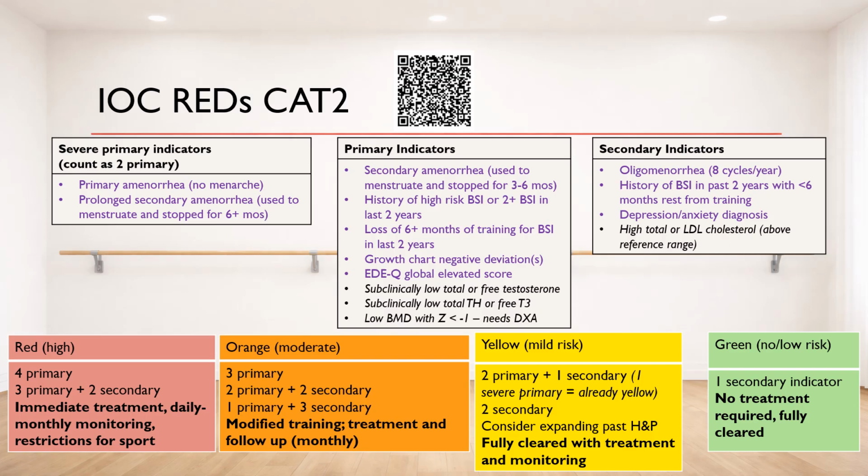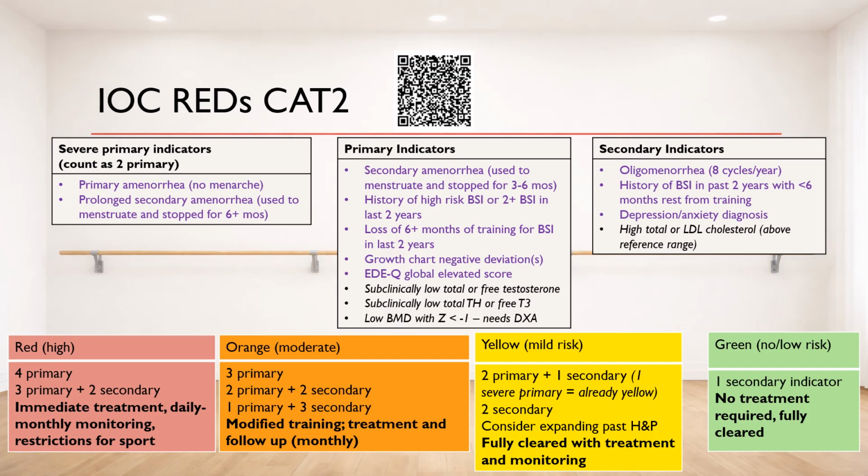The primary indicators in the middle include secondary amenorrhea, but without that prolonged component. So we had initially regular periods and now we don't, and that's for 3 months or more. And then we also have history of high-risk bone stress injury. So the different sites of bone stress injuries are the way that we define high or low-risk sites. So some examples of high-risk sites, but not exhaustive list, include the navicular foot.